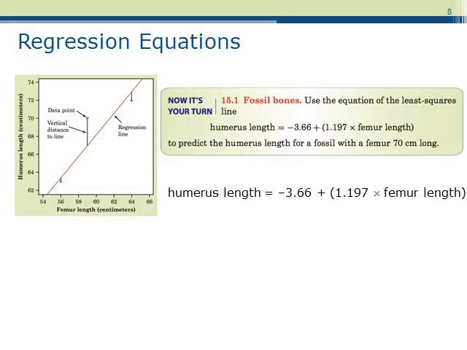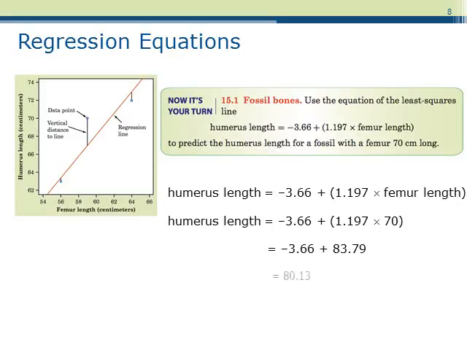To use the least squares regression line to predict the humerus length, we will substitute the given value of the femur length. So we would get -3.66 + 1.197 times 70, which simplifies to -3.66 + 83.79, which gives us a predicted humerus length of 80.13 centimeters.